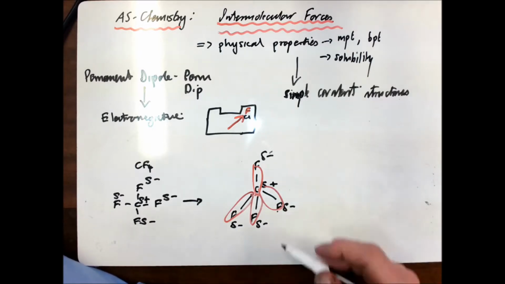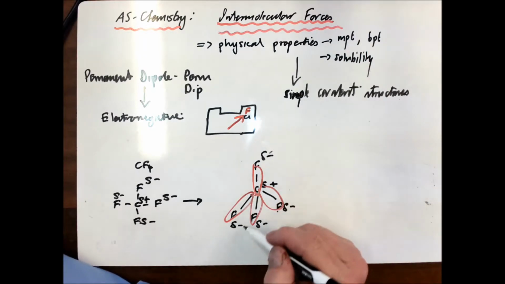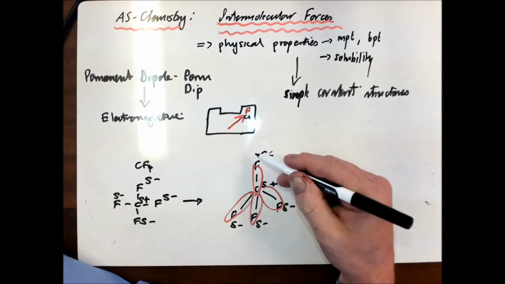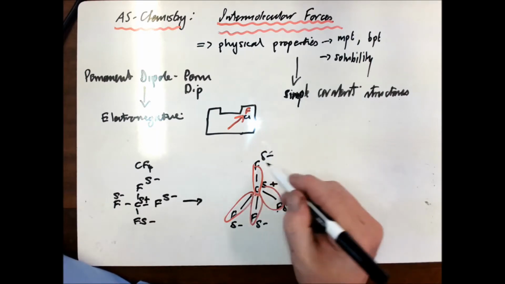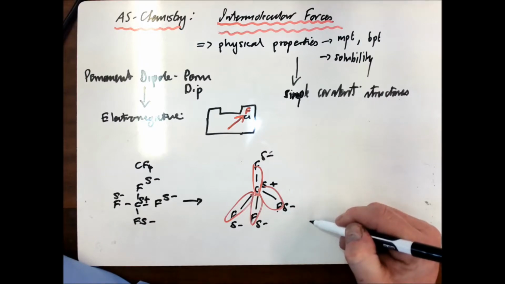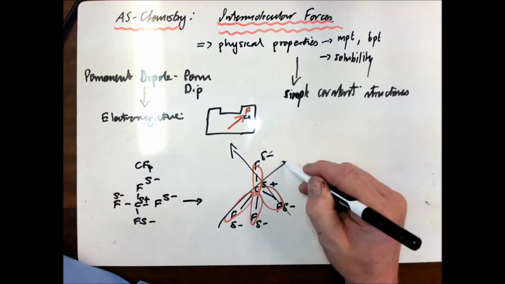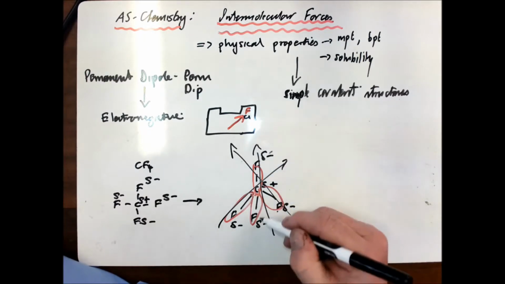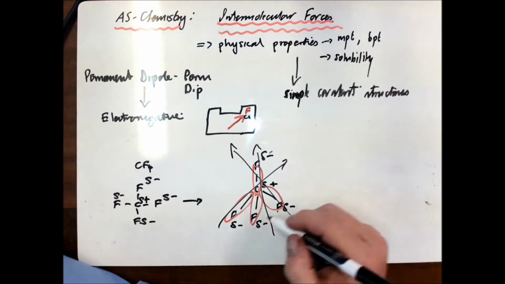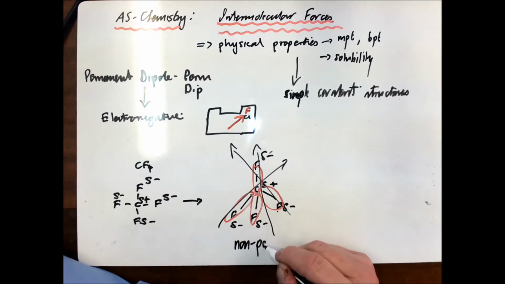Well, no, it isn't, because no matter how I try to draw from one end to the other, it's always delta negative to delta negative. There's nowhere in this tetrahedron that I can draw from one end to the other that is delta positive and delta negative. So no matter where I draw my arrow, it's always delta negative to delta negative. So this actually, despite having 4 polar bonds, is what we call a non-polar molecule.